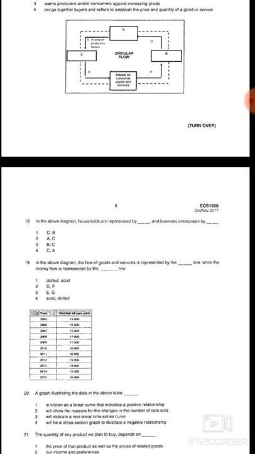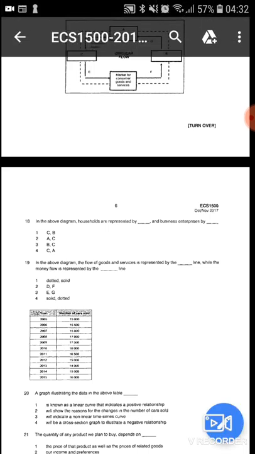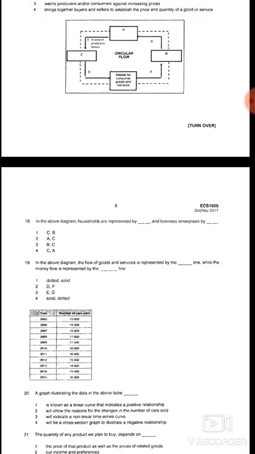So we are moving with the dotted line. The businesses at point B will use the labor to produce goods and services which they will sell at the market for consumer goods and services. Okay, so the market for consumer goods and services will be sold to the household.